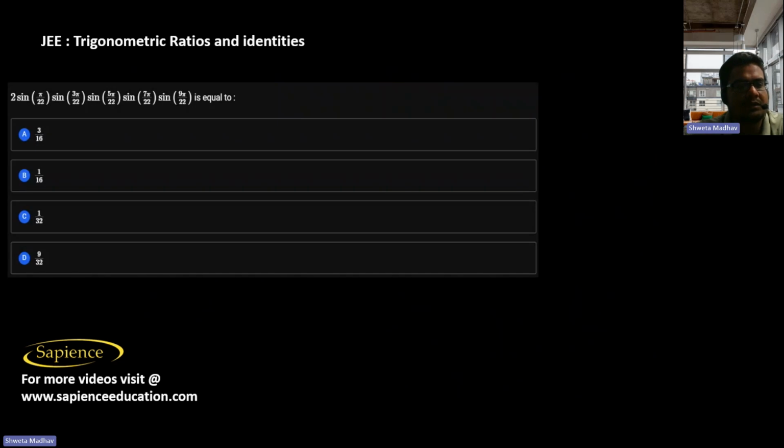Then here it is given 2 sine pi by 22 degree. Now, as we know, sine theta can be written as cos of 90 degree minus theta, meaning cos of pi by 2 minus theta.